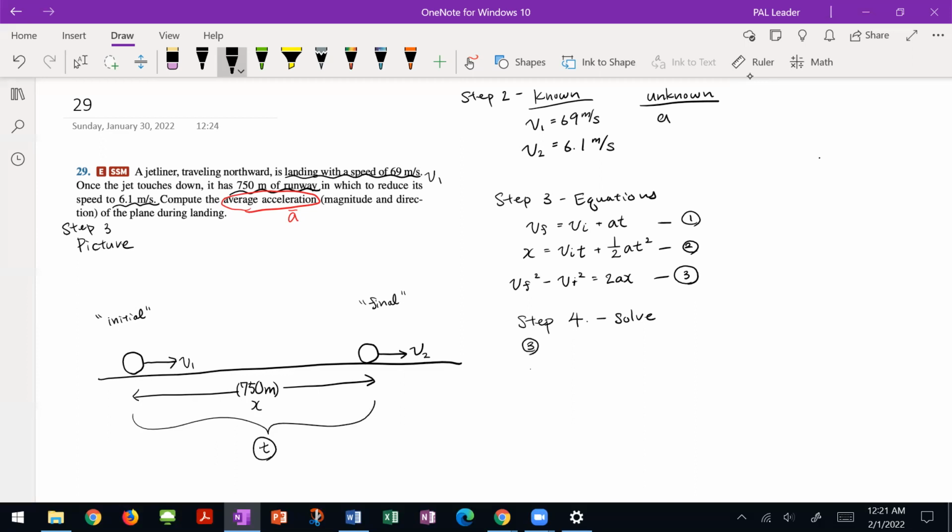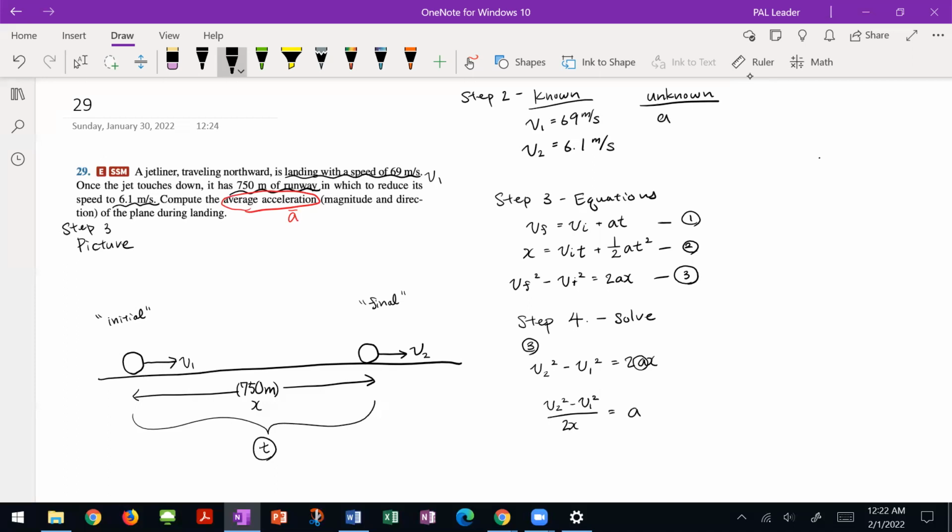I'm going to rewrite the equation. V2 squared minus V1 squared equals 2ax. We want to solve for a, so I'm going to divide both sides by 2x. That equals a.